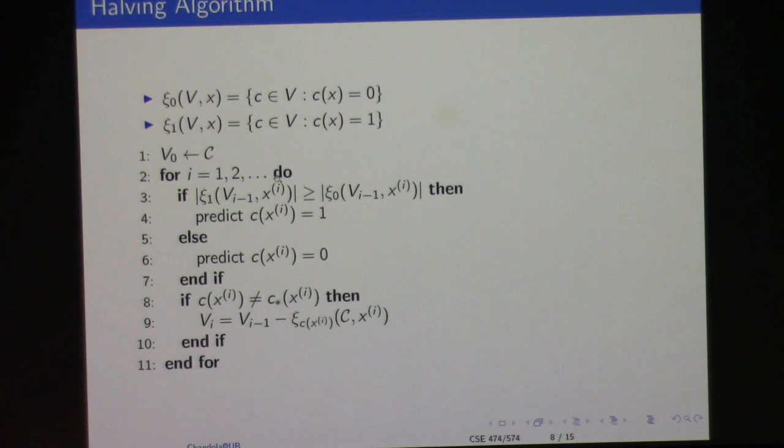If you analyze it, its mistake bound is log of the size of the concept space, because at every step it has your version space and it reaches the right action. So that is a bound that we have for any algorithm.